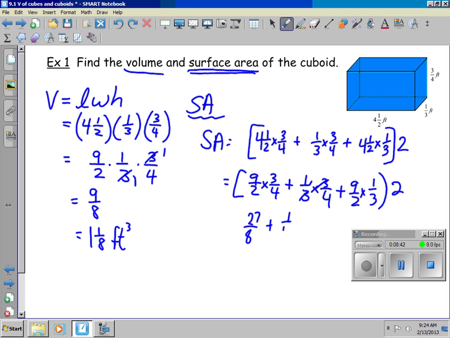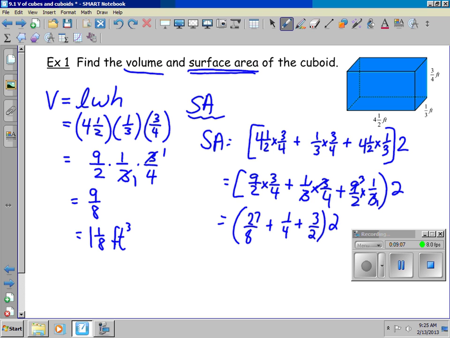Good. And the last term, anything cancel there? Alec? Good, and what's the product? 3/2. And I tend to leave that as an improper fraction for now. Don't forget in the end, you're going to have to double.